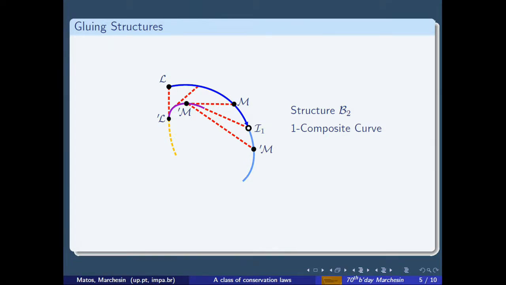So if it reaches an inflection, we have one composite curve from this side. So we have here again the triple shock law, and you know that from here to here we have a left characteristic shock with the same speed as this one, and then we have here this configuration. If we continue this till the left characteristic shock from L to L prime, we have this.